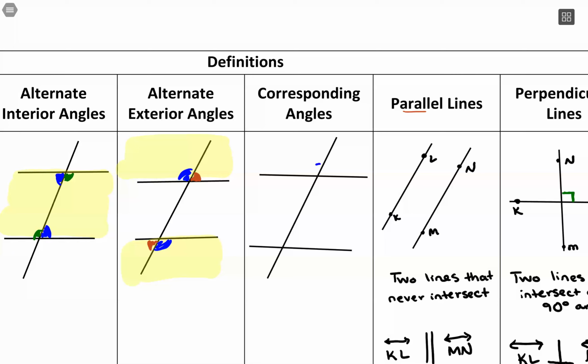Say I'm on the upper left-hand side here: upper left, same measurement. Lower left will be the same as lower left. Upper right, same as upper right. And lower right, same as lower right. So we end up with these 4 pairs of corresponding angles.